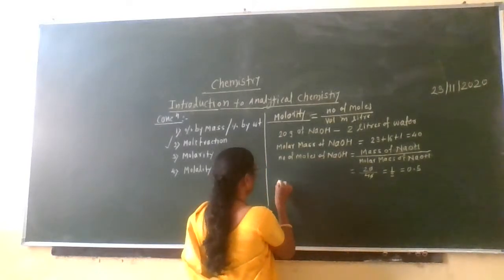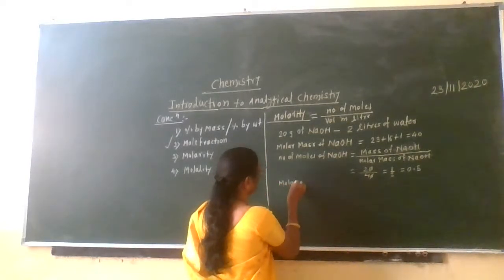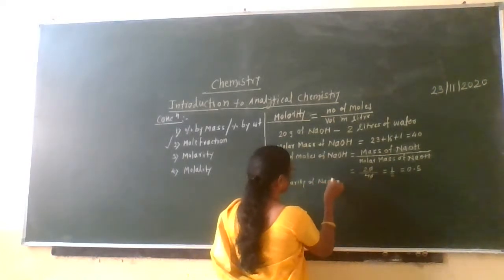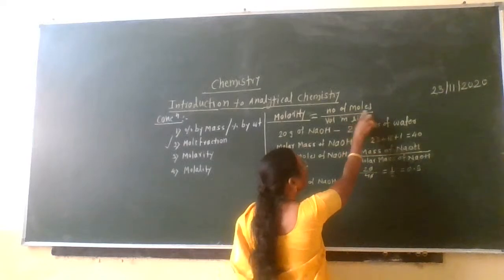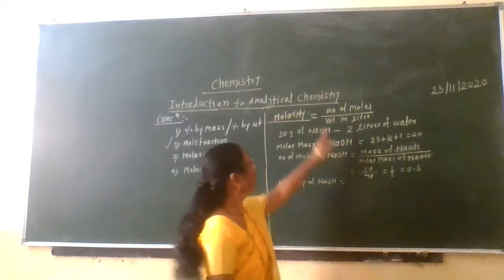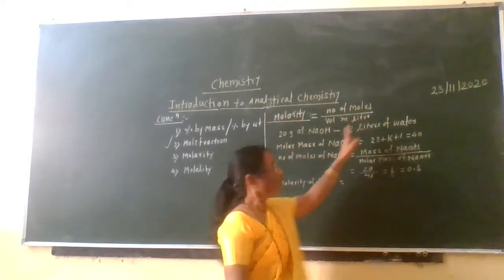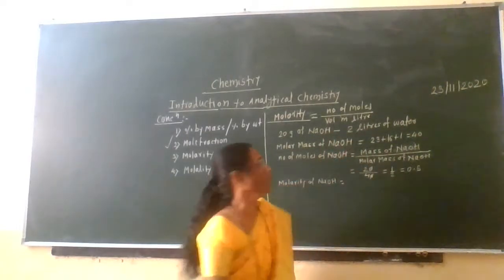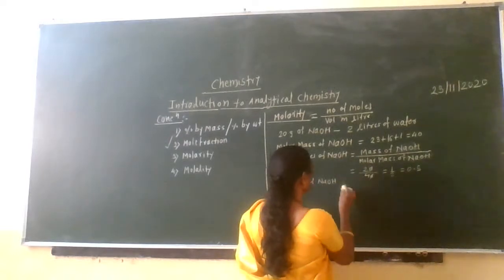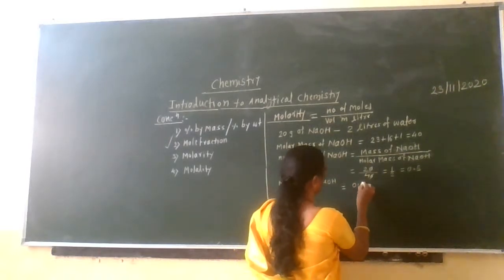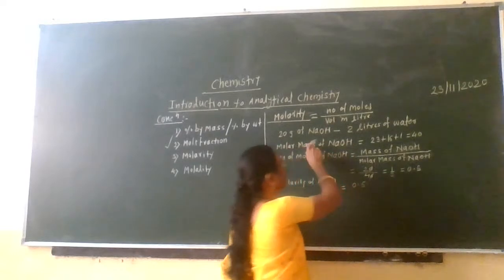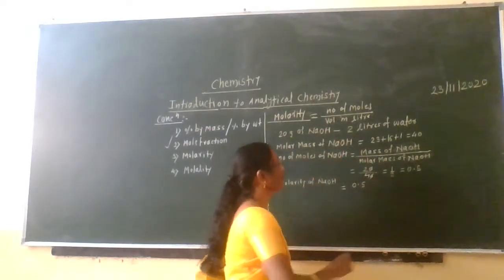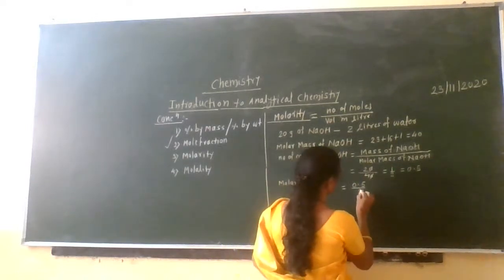Molarity of NaOH is equal to number of moles of NaOH divided by volume in liter. We have been given 2 liters of water, that is the volume in liter. So we can write 0.5, the number of moles of NaOH obtained here, divided by the volume given, 2.